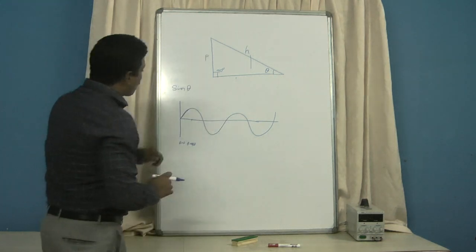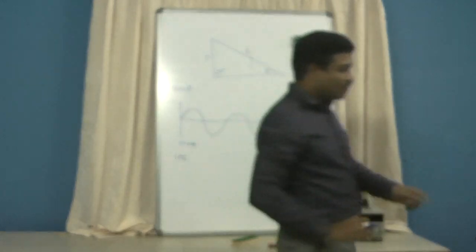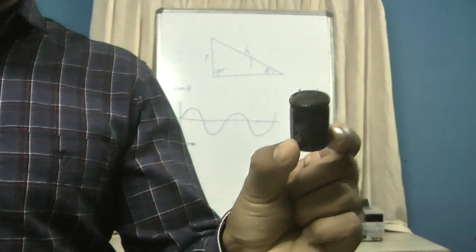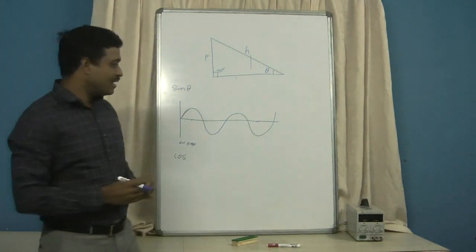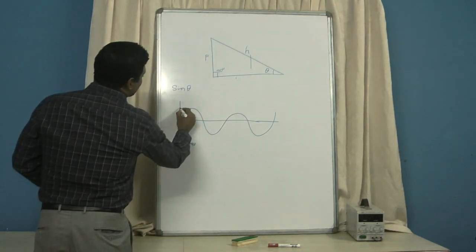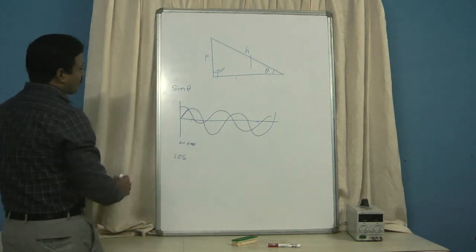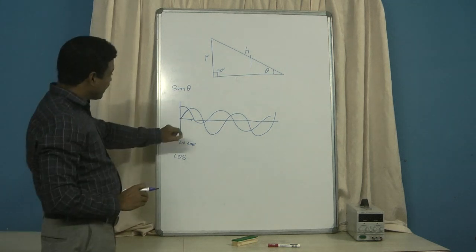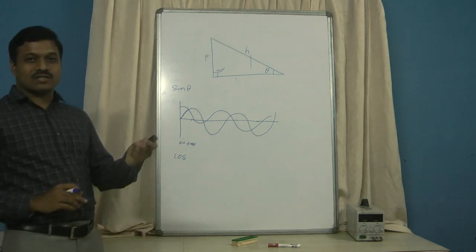Okay? What is the use of cos then? Cos also has uses. This is the capacitor. When you use a capacitor in our AC line, what it does is it makes this sine wave into cos, like this. So whenever this value of sine is lowest, the cos value is highest. So that is the use of cos.